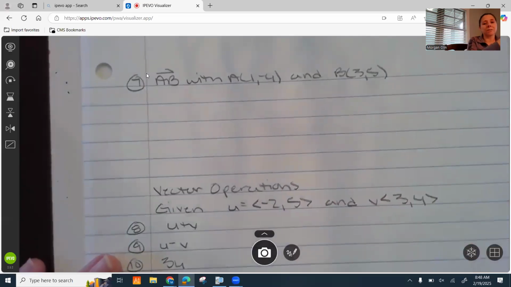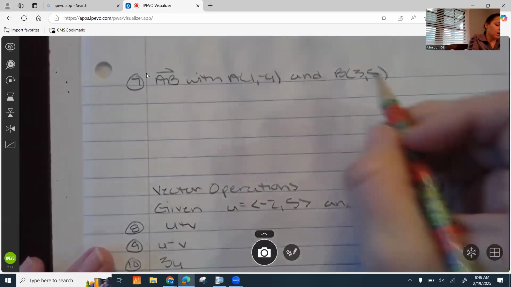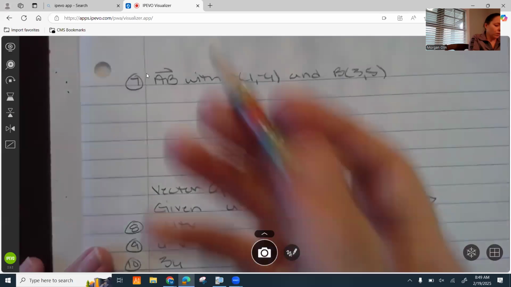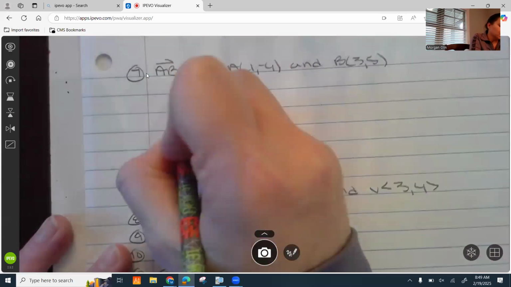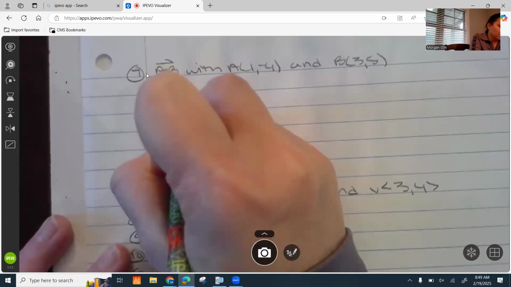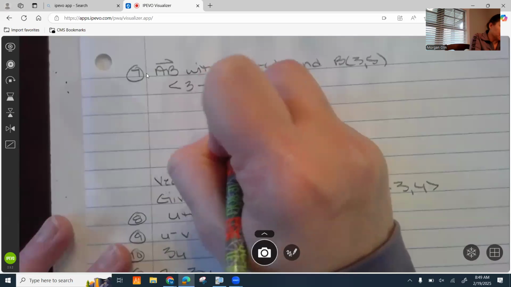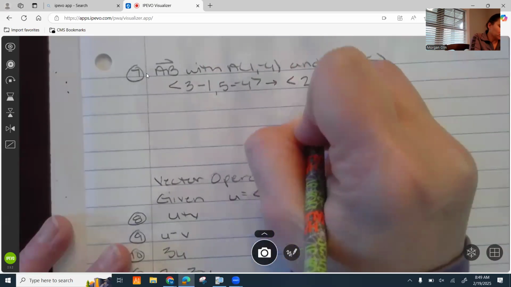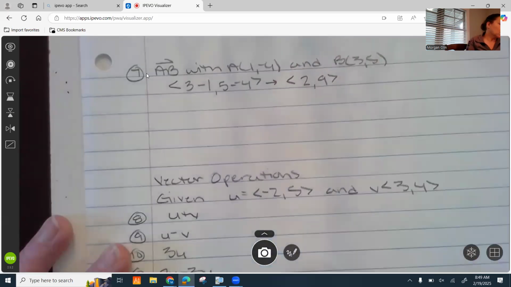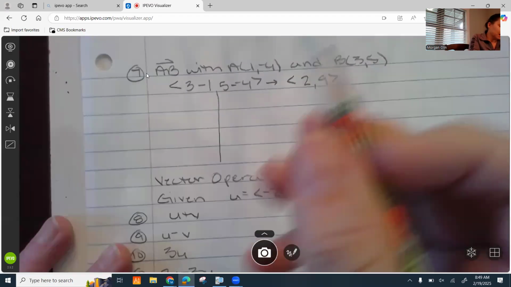So we're doing the same thing, except this time they actually give us 2 points, basically the initial and the end point. So we've got to do 3 minus 1, and then 5 minus -4. Okay, and so that's going to make 2, 9.